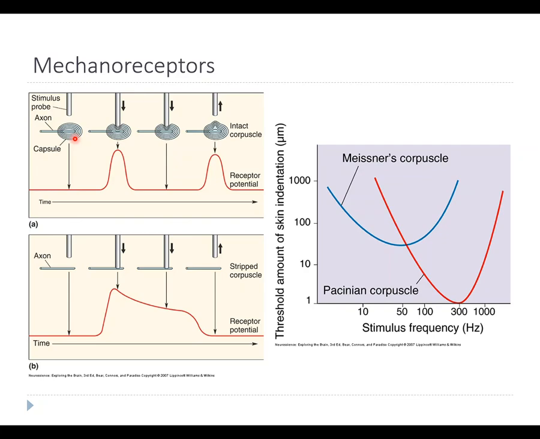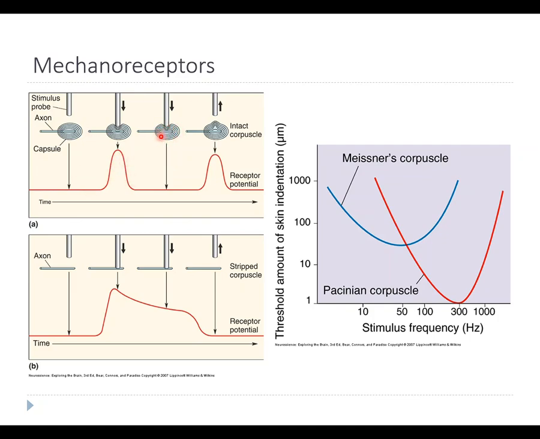So when you touch a probe against that capsule, the force from that probe initially gets transmitted through the layers where it presses against the axon, and that's what actually causes the change in membrane potential of that axon. When you push against the axon right here, that opens those mechanically gated channels, and that depolarizes the membrane.